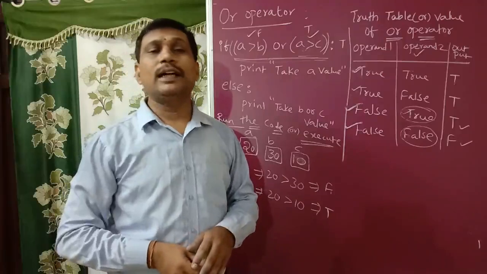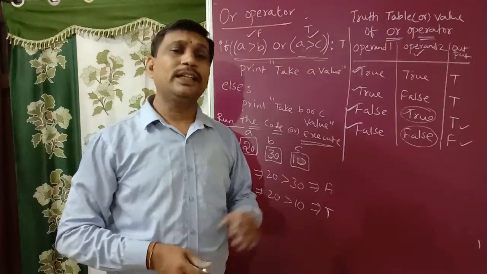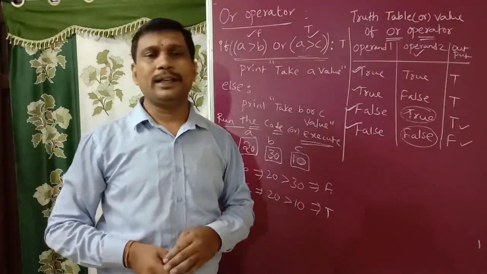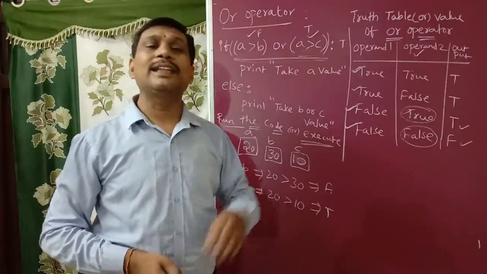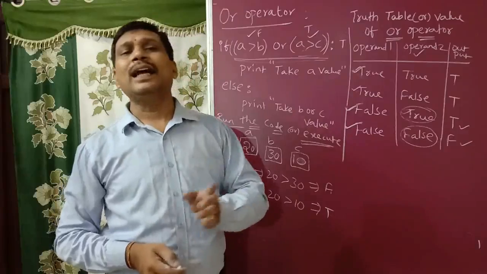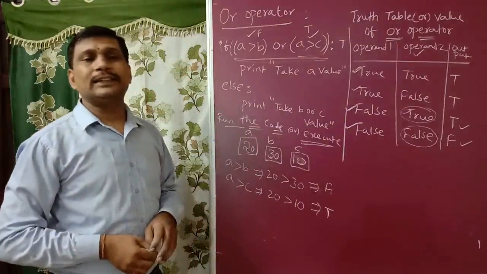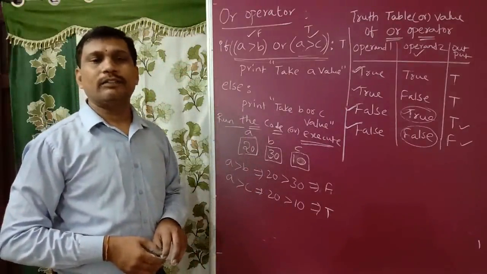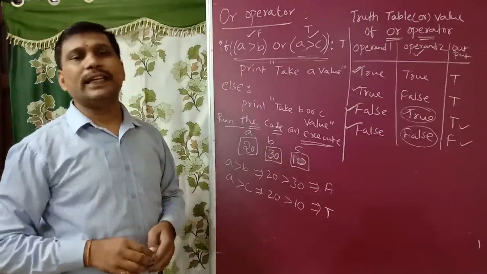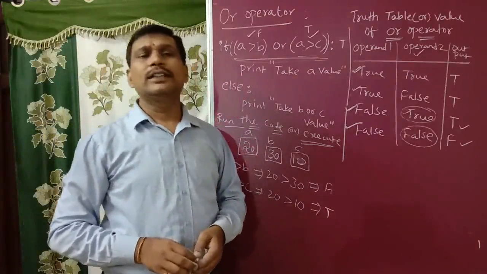We already completed the AND operator and OR operator. These two are called logical AND and logical OR. We can write these in English letters AND or OR. Why? Because different symbols are there.